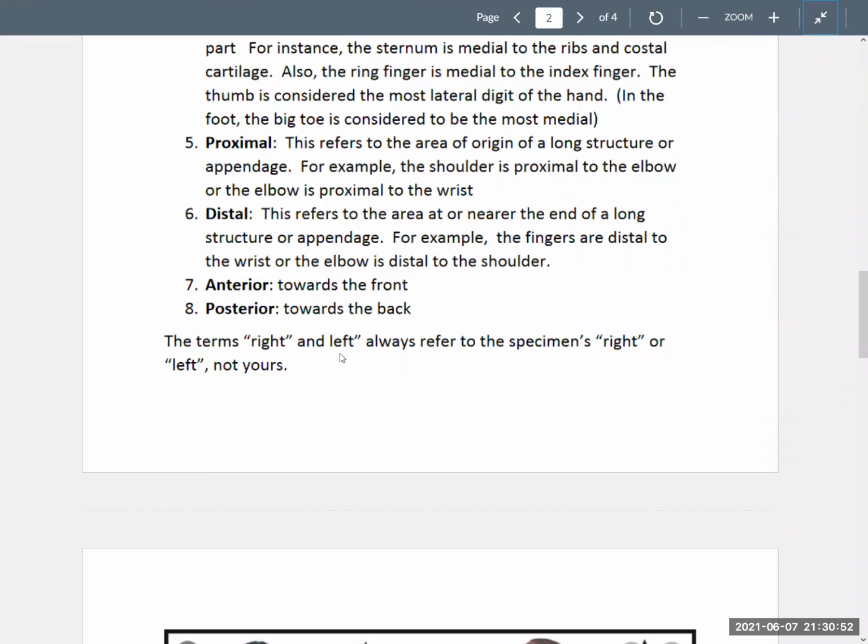Those artist people, they really got their minds twisted. They have right on the left, on the right side of the canvas, no matter if it's the right or left side of the person. So just in case there's anybody out there that paints, we're using the anatomical right and left.